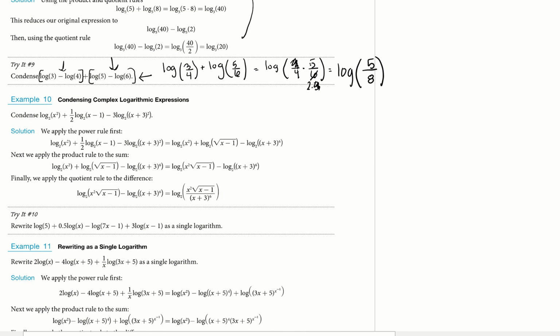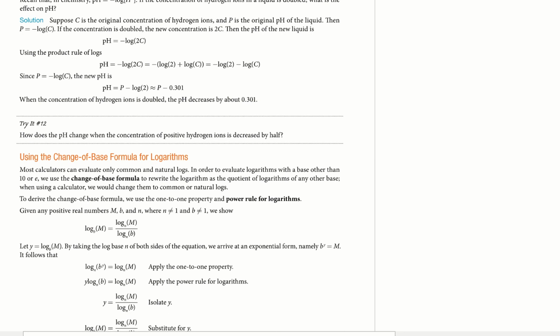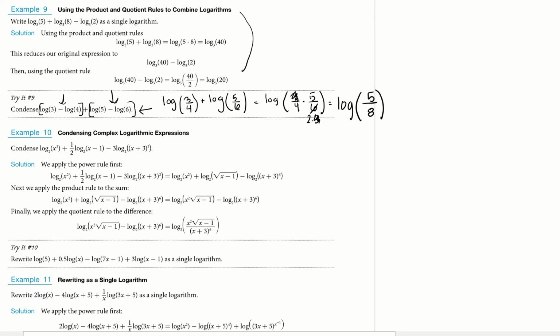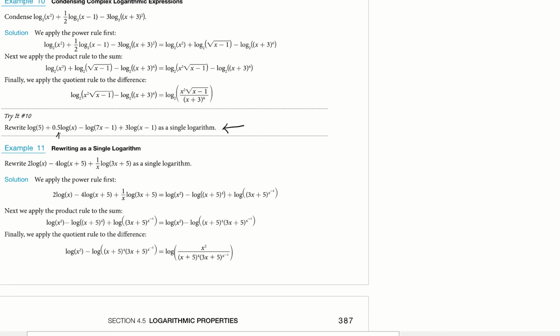Okay. So now we are going to go ahead and try this one. So I'm going to have a look, and I see that I do have some power properties.